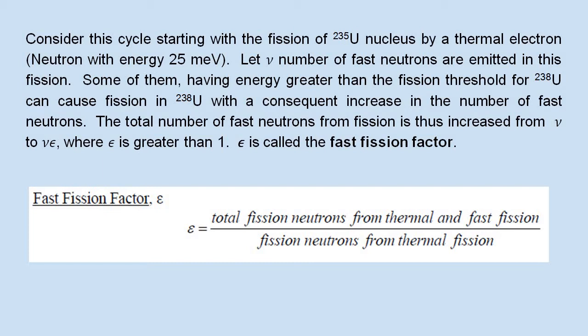And the total number of fast neutrons from fission is thus increased from nu to nu times epsilon. So epsilon is a factor which must be greater than 1, and it is called the fast fission factor. You define the fast fission factor as the total number of neutrons from thermal and fast fission, divided by the fission neutrons from thermal fission. So this is the first neutrons produced, and this is multiplication.